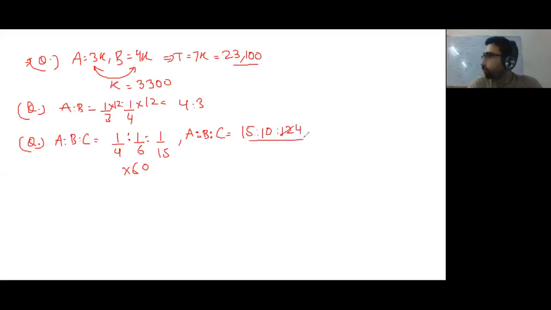Since nothing is common in all three, you cannot reduce it any further. This is the simplest form. When we say A is to B is 3 is to 4, we could obviously also have said 6 is to 8. But we generally express ratio in its simplest form. And here, 15 is to 10 is to 4 is the simplest form.